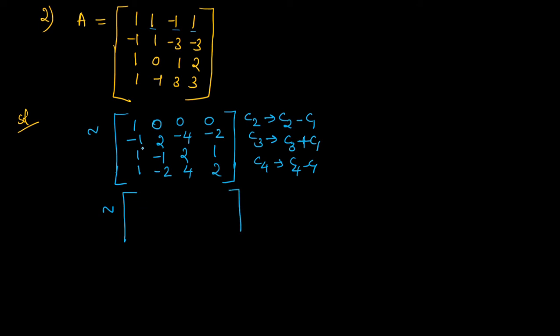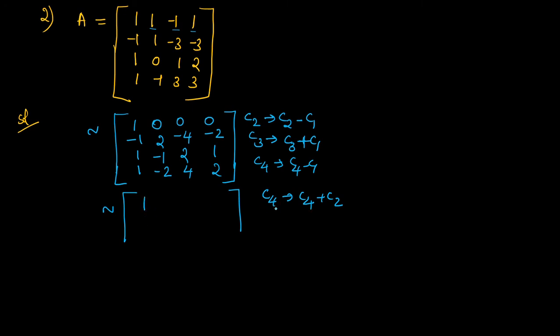Next we have to make the fourth column element zero. Now if you look at the fourth column, we can easily make this element 0 by using the column transformations. C4 gives C4 plus C2, so that we can eliminate this column.